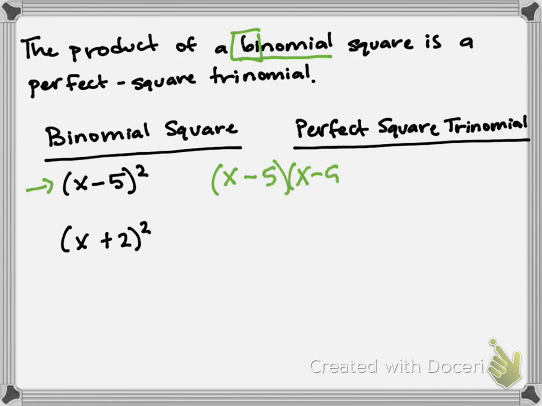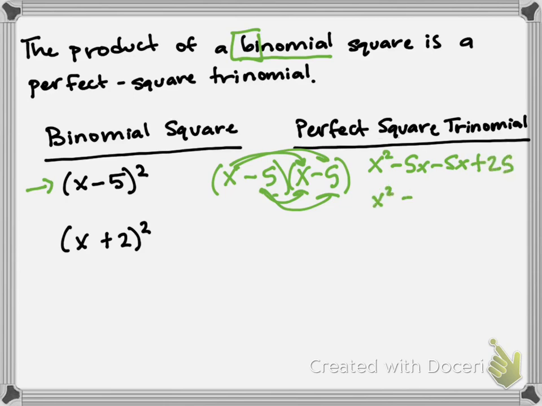So x minus 5 times x minus 5, this means we FOIL. So we get x squared minus 5x minus 5x plus 25. If we simplify this, we're left with x squared minus 10x plus 25.